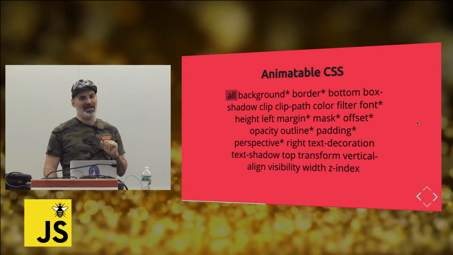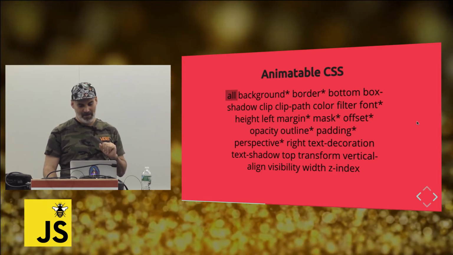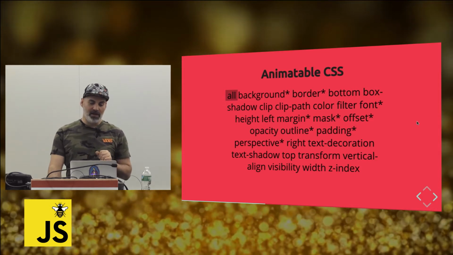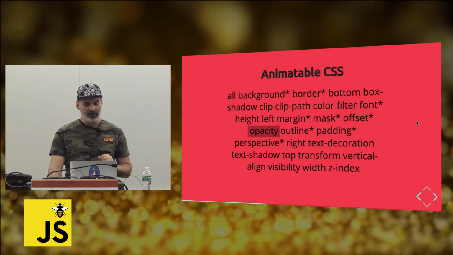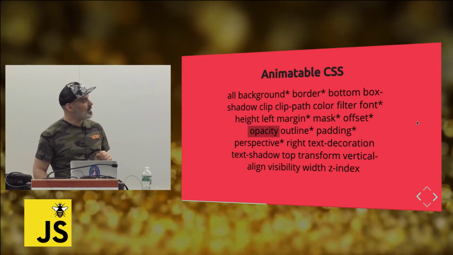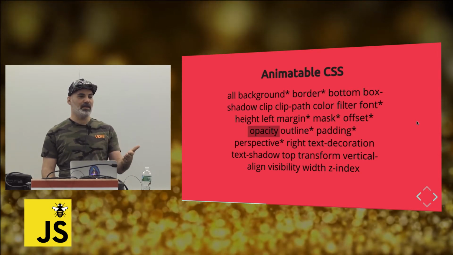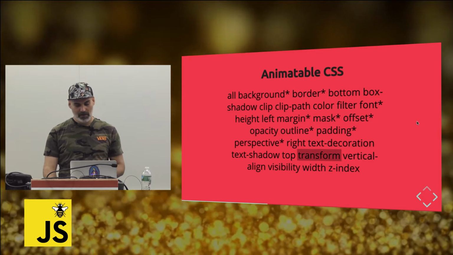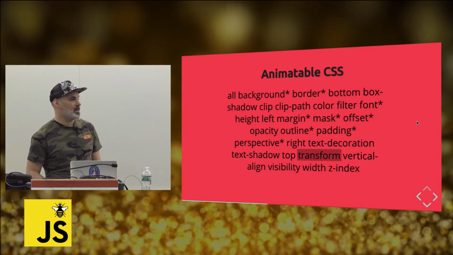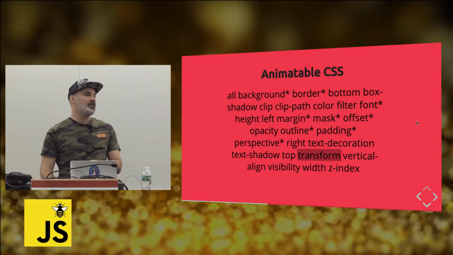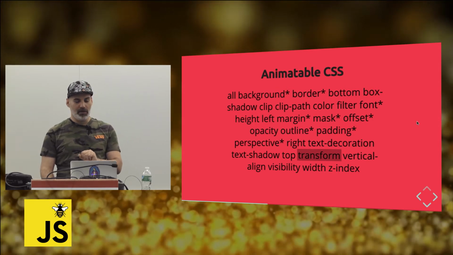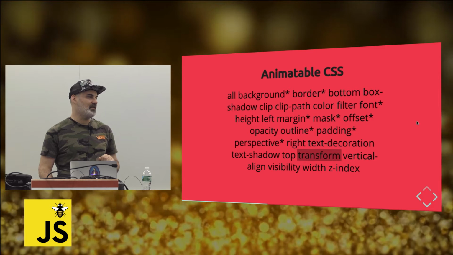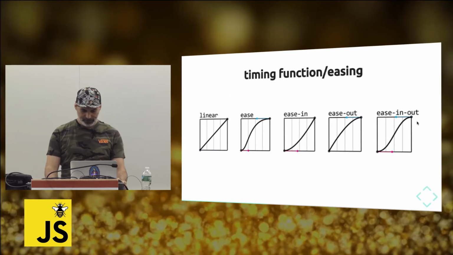So imagine what a mess is that. One thing that you need to pick is properties that are very performant. And the ones that are very performant is opacity. That will be used for fading in and fading out elements, and transform. And I'm going to show you a few examples of how to use transform. But basically, if you are using these 2 properties, you are safe, at least in performance.